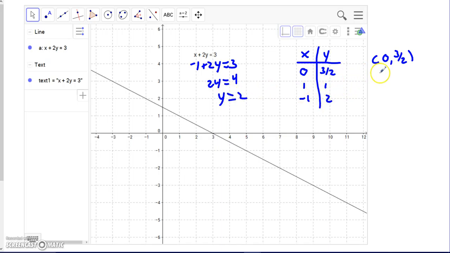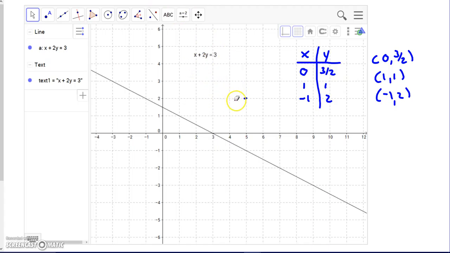So another ordered pair that is a solution for the linear equation x plus 2y is equal to 3 is negative 1 and 2. These three ordered pairs, 0 and 3 halves, 1 and 1, and negative 1 and 2, are solutions to this equation.